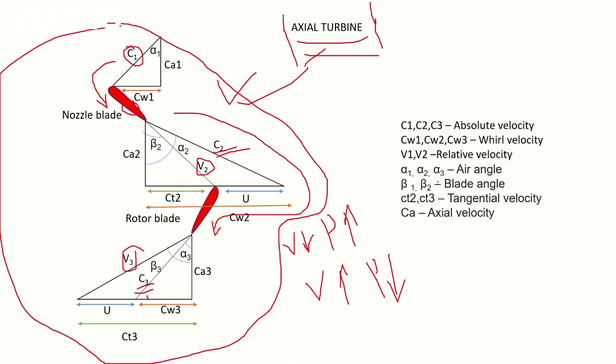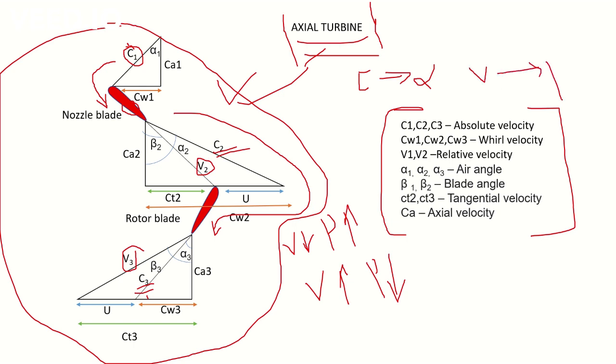Here we also use the same notations as in axial compressors. As I explained in the previous video, absolute velocities are always associated with alpha, so C is associated with alpha. Wherever relative velocity is there, it is associated with beta, which is the blade angle, and alpha is the air angle.